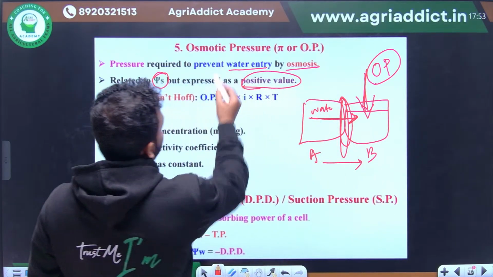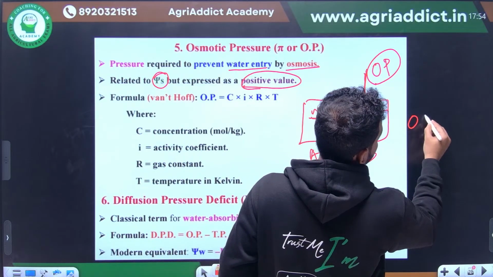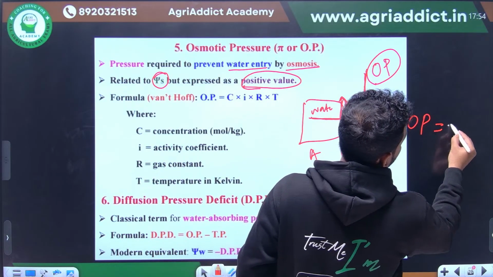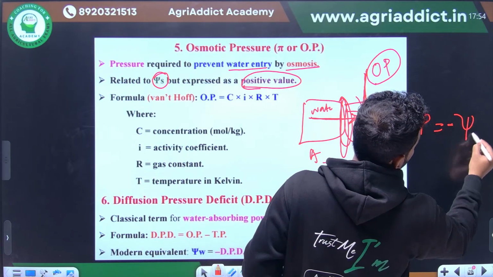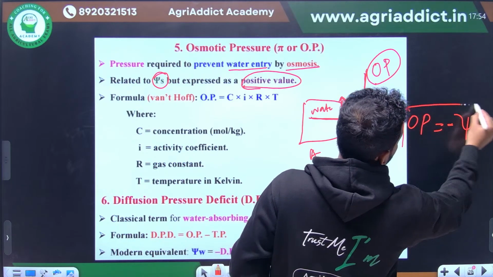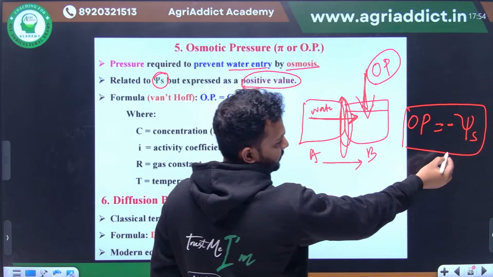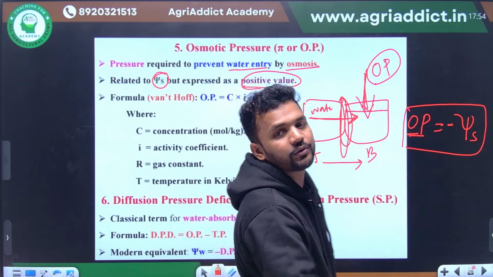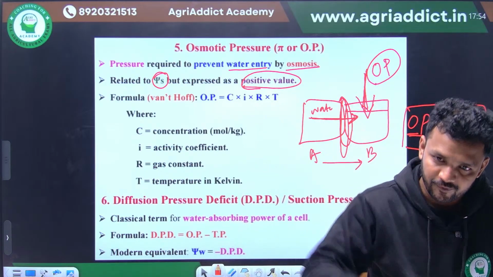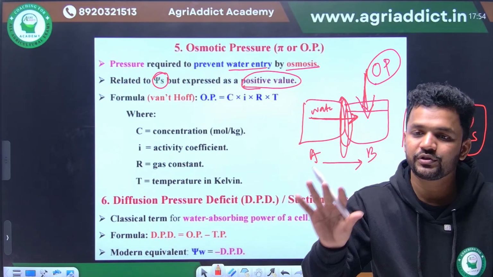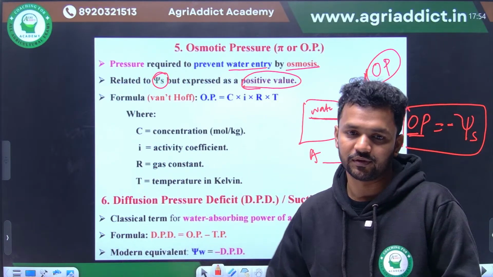So the osmotic pressure is equal to minus solute potential. Solute potential is always negative and osmotic pressure is always positive because it is external pressure that we exert to stop the process of osmosis.